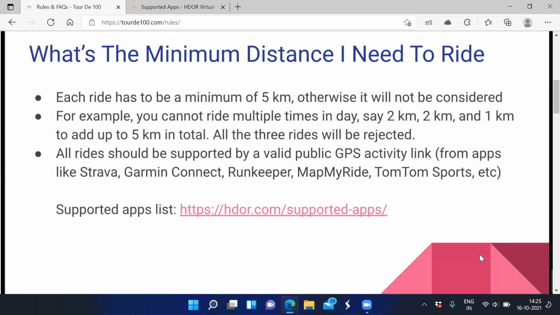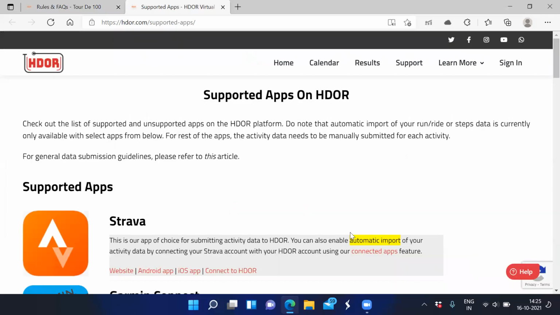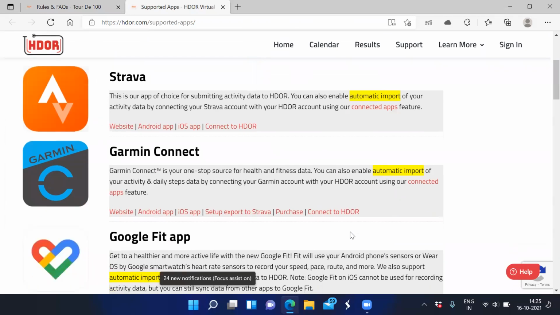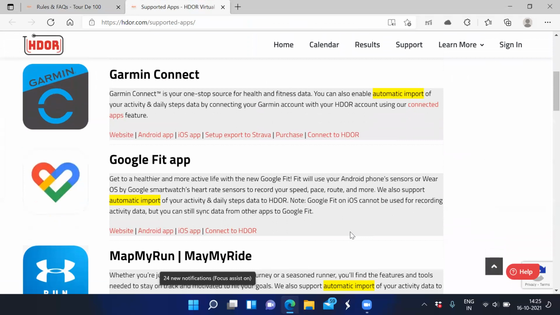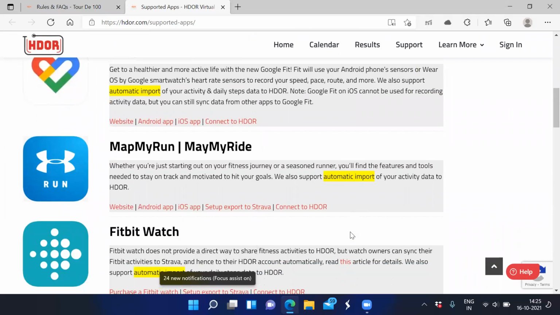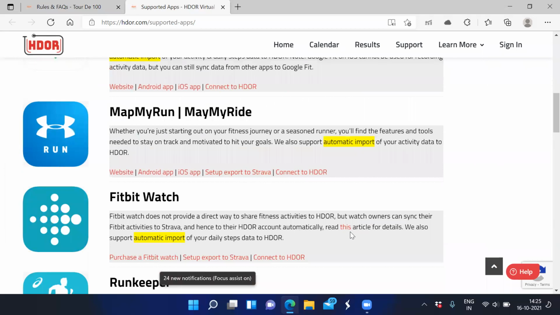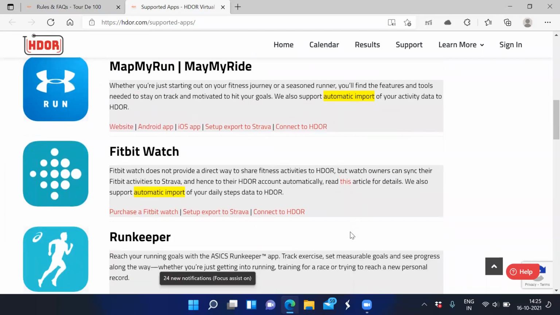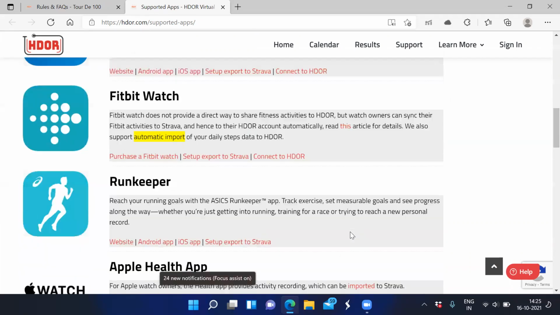Okay, and they also have a list of apps which you have to use while recording. So I'll just brief you about the apps as well. The first app is Strava. It is the best. I personally use Strava. The next is Garmin Connect. Then the Google Fit app, then Map My Run or Map My Ride.